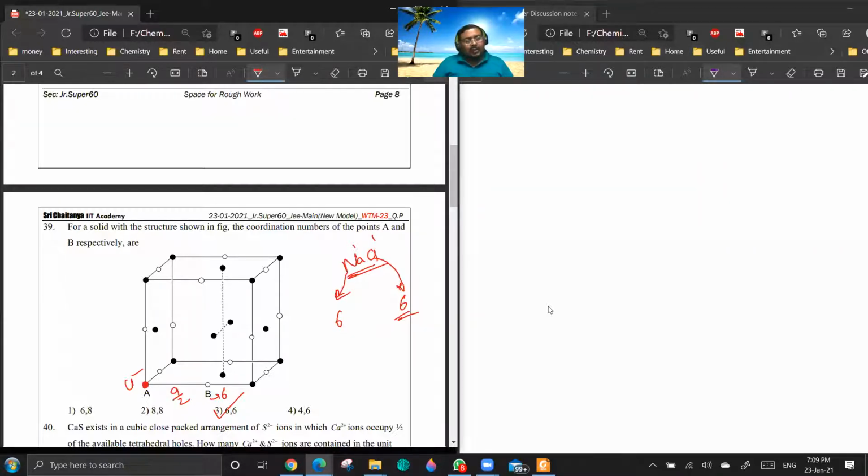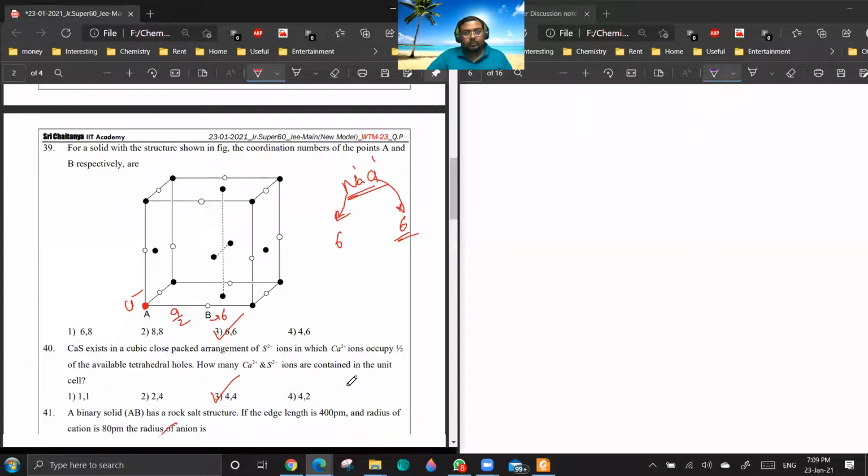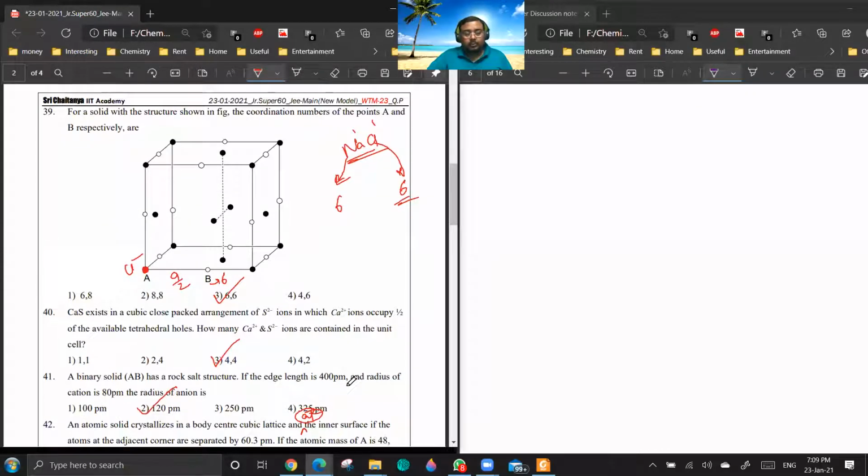They will ask questions only from the parts which we have discussed in the class. Are you getting a point? Only thing is you have to identify the pattern. Any other doubts in this paper? Sir, the body center is not occupied, no?